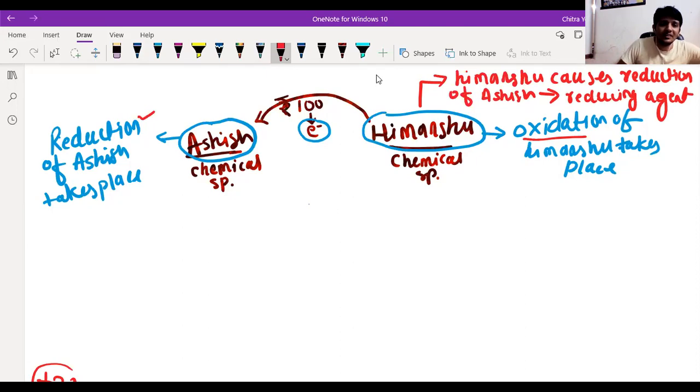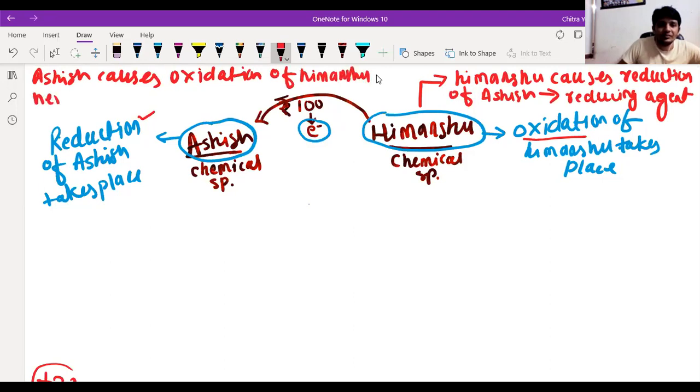So I'm going to write here Ashish causes oxidation of Himanshu. Hence, it acts as oxidizing agent.